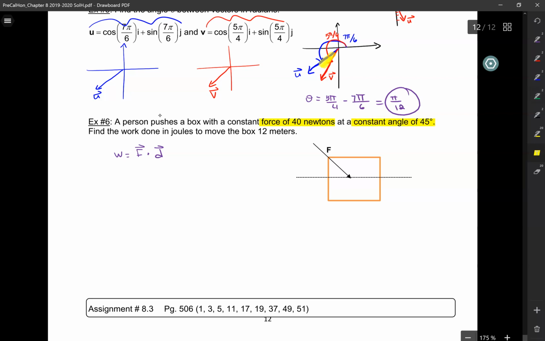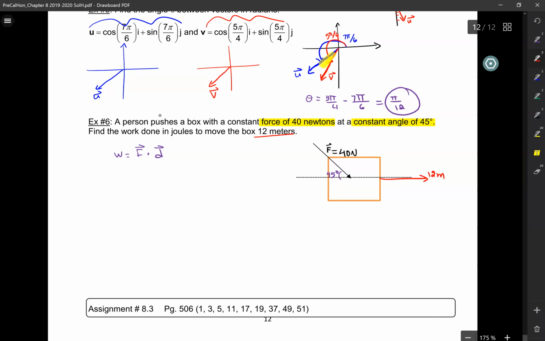So here there is a force vector, and that's 40 newtons, and there is an angle of 45 degrees. Find the work done in joules to move the box 12 meters. So this is moving this way 12 meters.